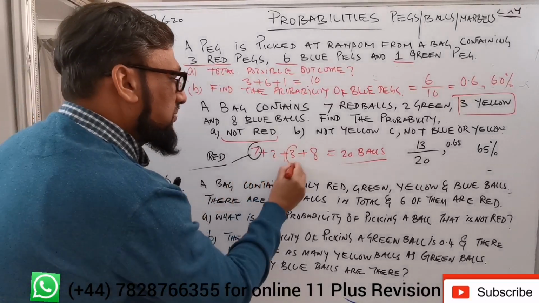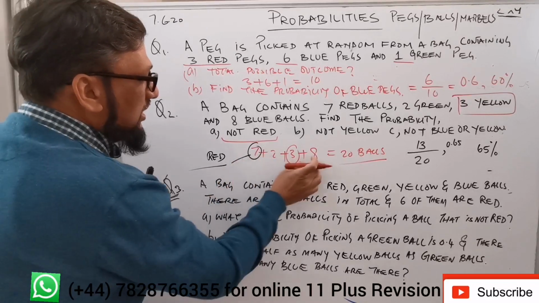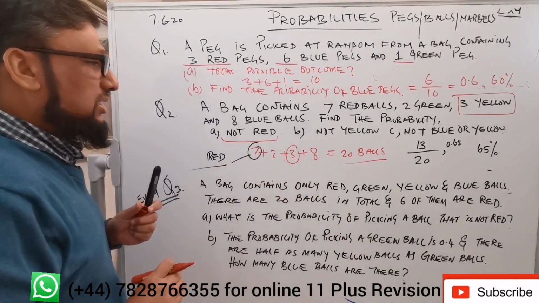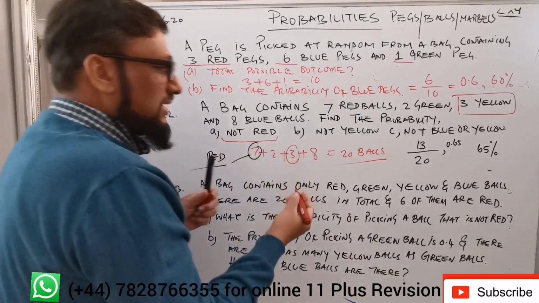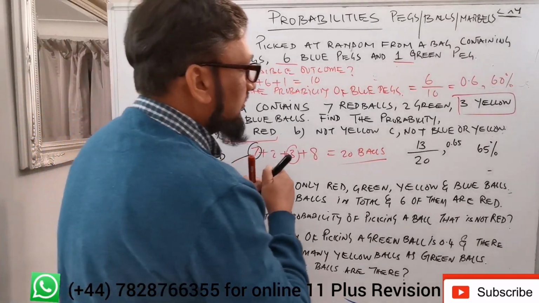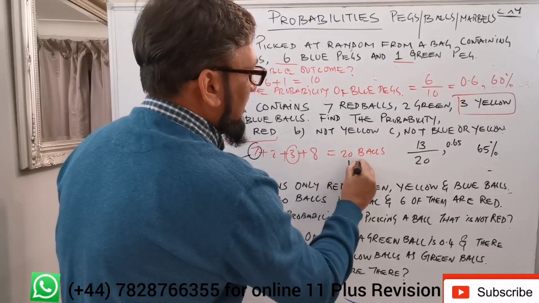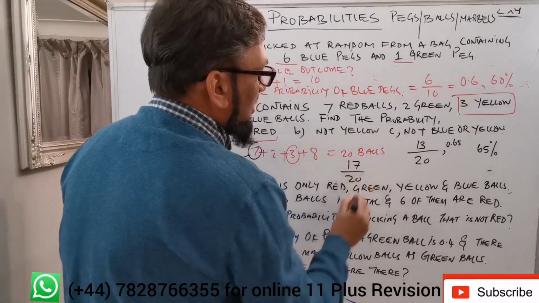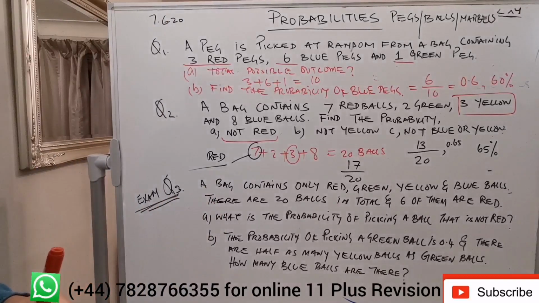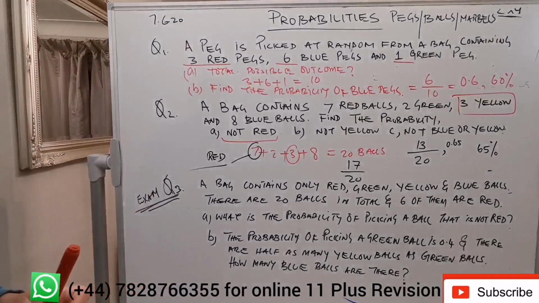If I remove this yellow, the remaining options, how many are there? There are 17, so it means 17 out of 20.